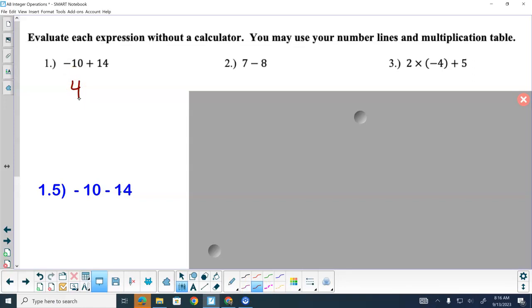Extra one, okay? You can do it right underneath it. Negative 10, now minus 14. What is negative 10 minus 14? 24? Which one? Because they're different.